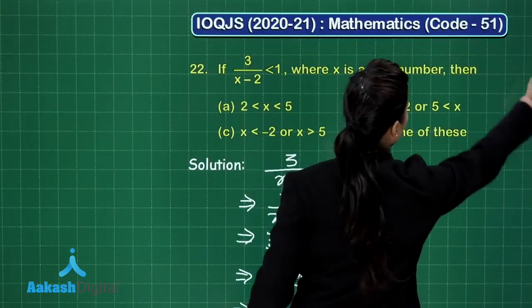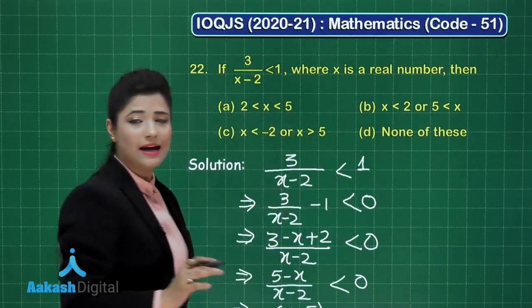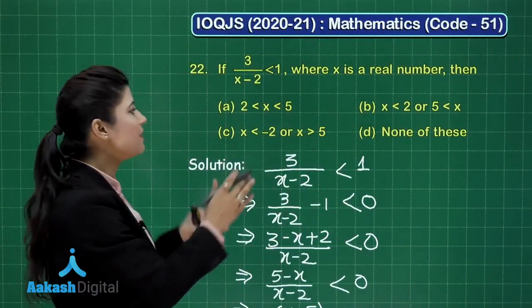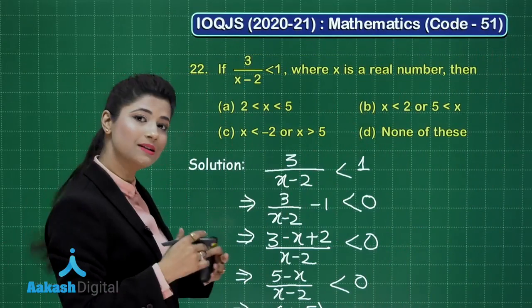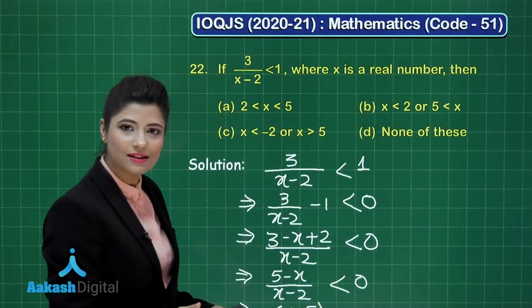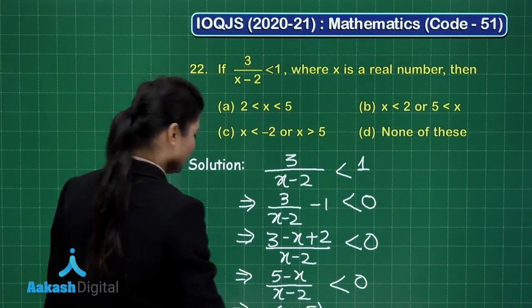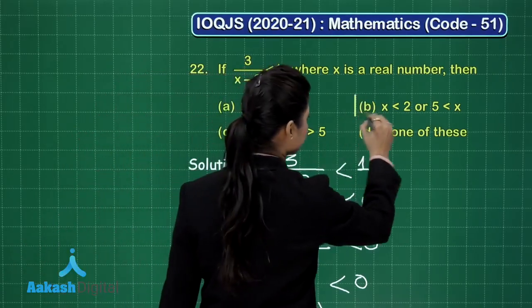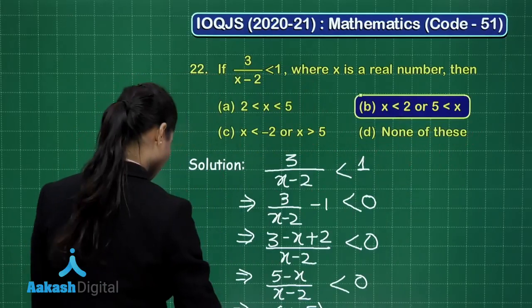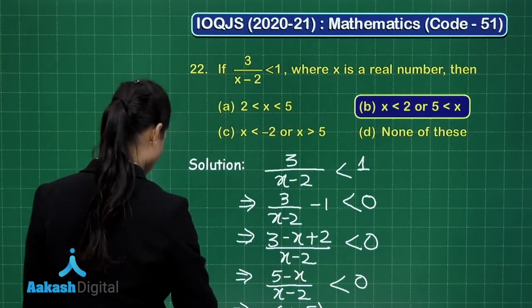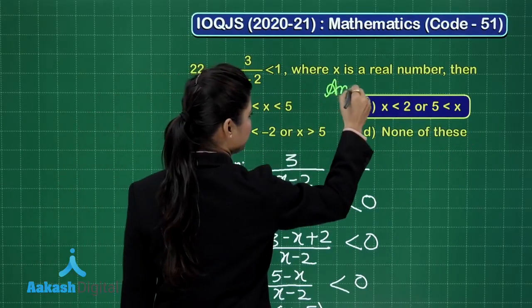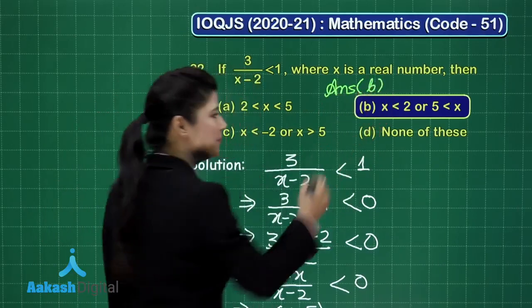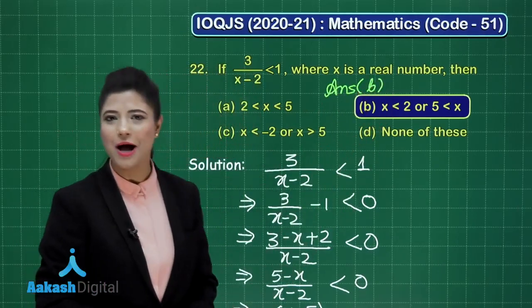So I could say now that where x is a real number, the value of x which is satisfying this condition is clearly x less than 2 or x greater than 5. So you can clearly see that this is found rightly here in option B. So we get the correct answer for this question in option B. You can very well mark your answer as option B. I hope that's clear. Let's take up our next question.